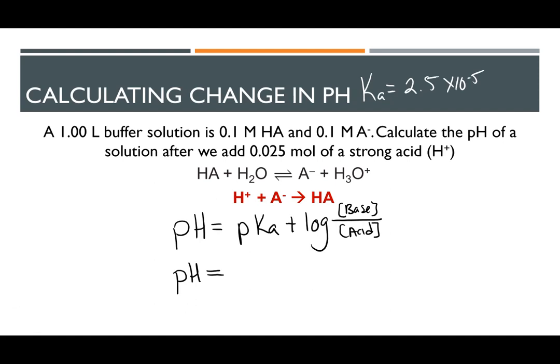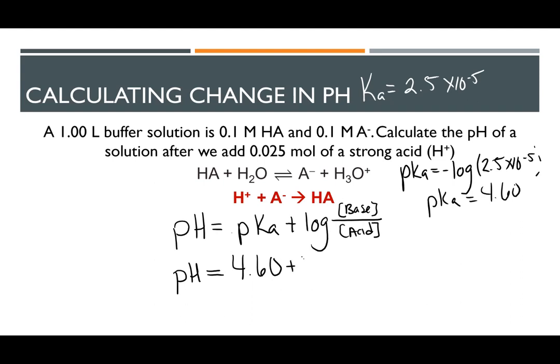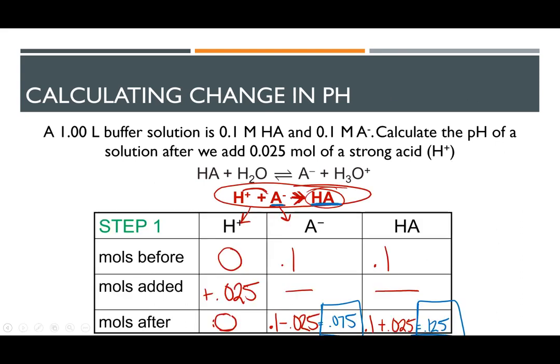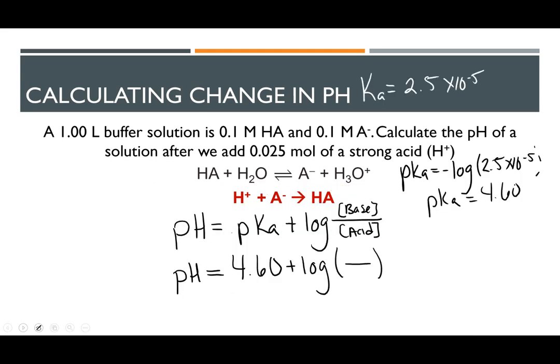So pKa is just going to be the negative log of that. So pKa, negative log 2.5 times 10 to the negative fifth. So pKa is 4.60. All right, so 4.60 plus log. So the concentration of our base after everything was added is the 0.075.